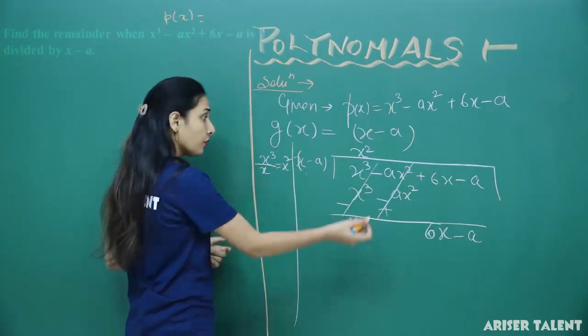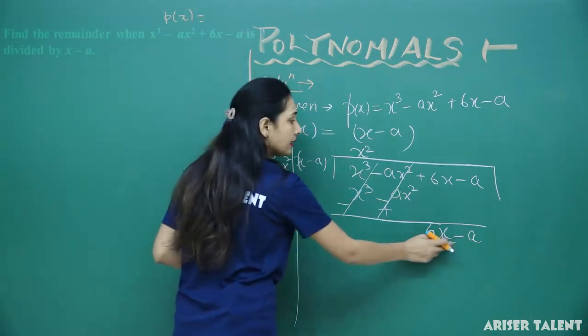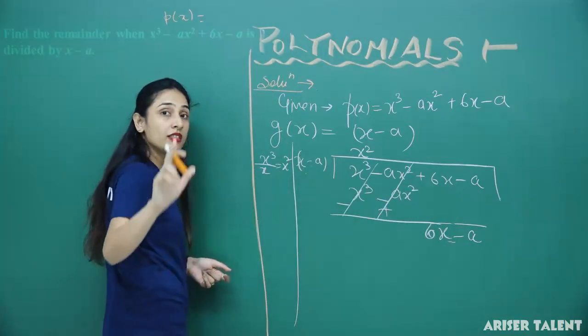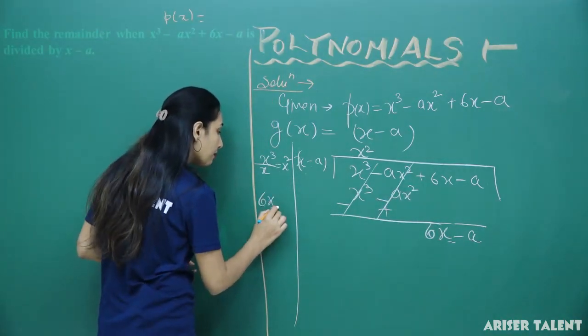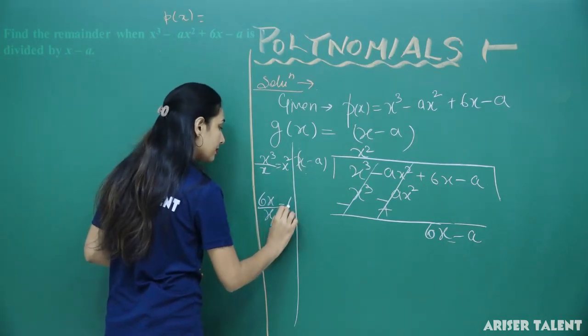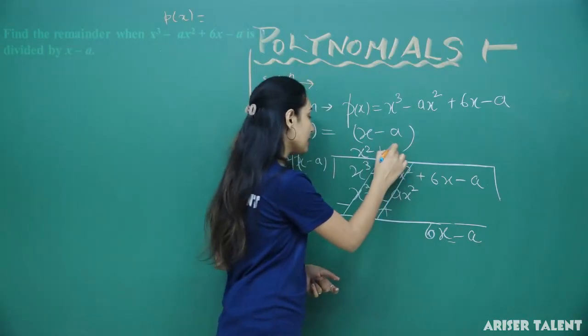Now what are we going to do? Checking the degree, x here is 1, so the degree is 1. Divide 6x by x and get 6, so we write plus 6.